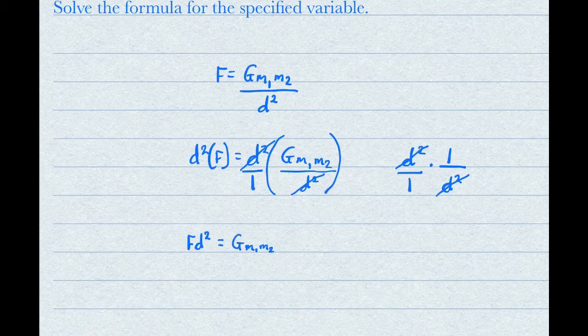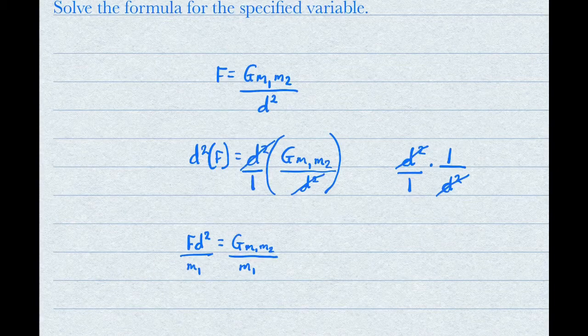So now the next thing to do, and you can do this next part in one step. Notice both m1 and m2 are being multiplied to g. So all you have to do is divide both sides by m1 and m2. You could do it one at a time.